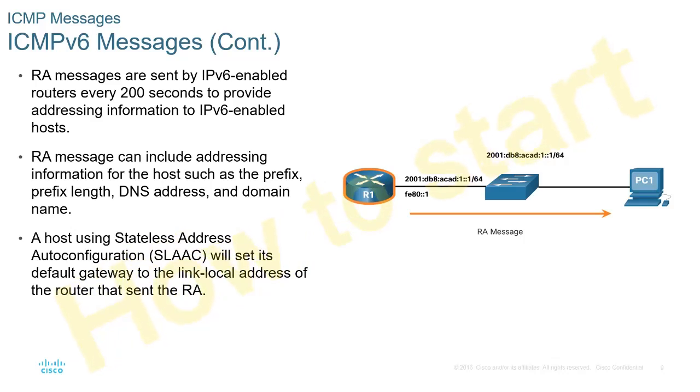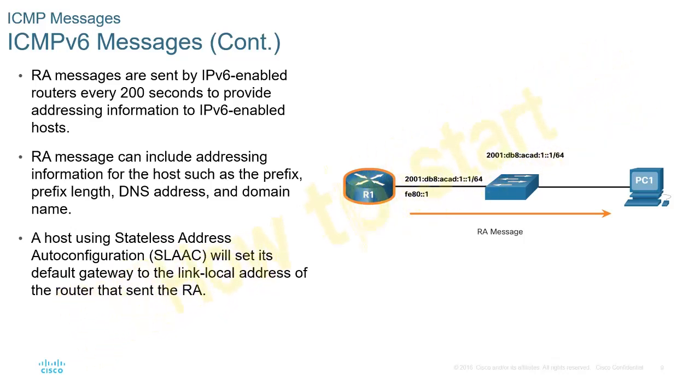The RA message will include addressing information: the prefix, the network, the DNS, and if appropriate, a domain name. Not just DNS, but the domain name will be part of that router advertisement.